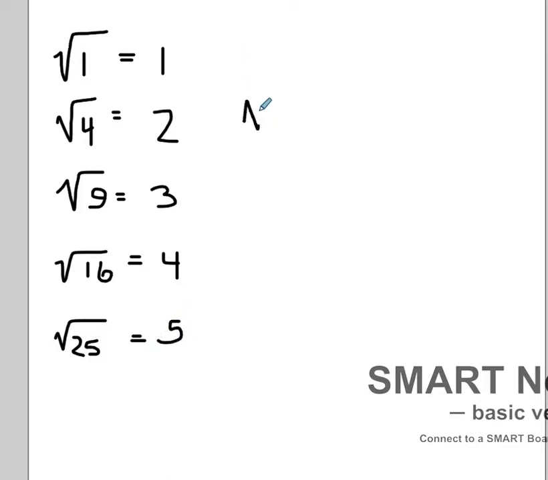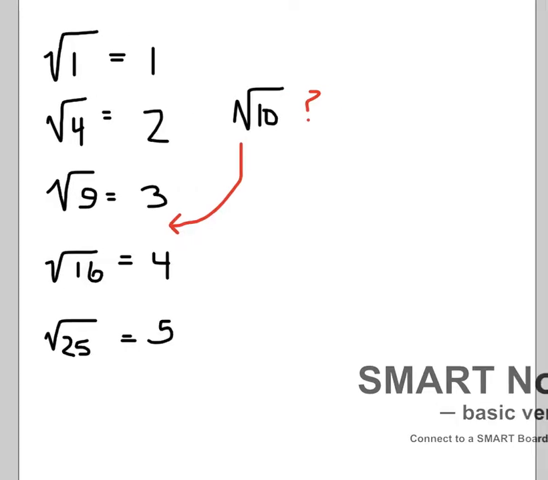So where would the square root of 10 fall in? Of course it's going to be somewhere in here because it's more than 9 and less than 16. But is it closer to 9 or closer to 16? It's closer to 9, since 10 is only 1 away from that. That's our baseline thinking.